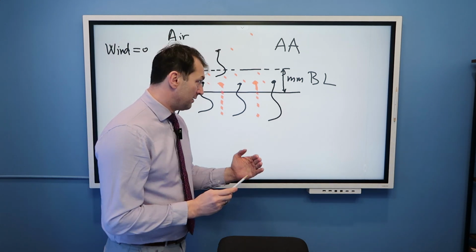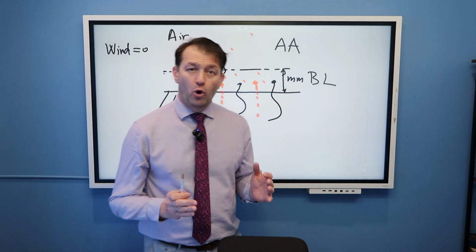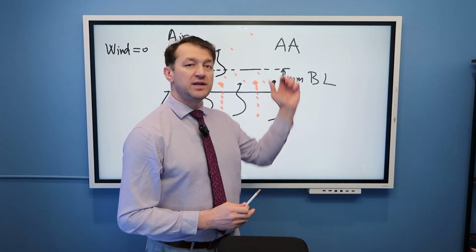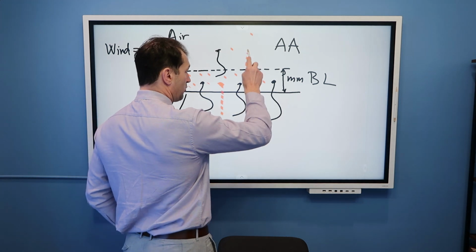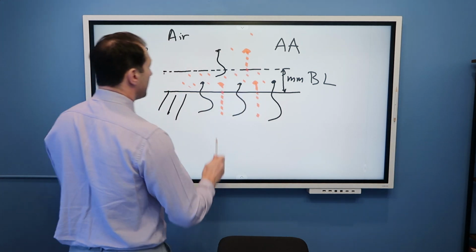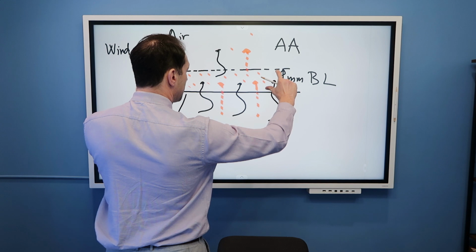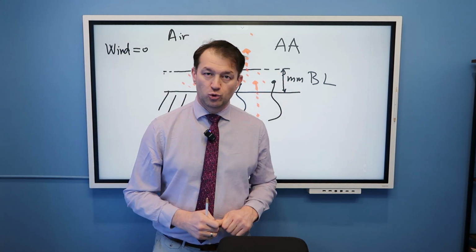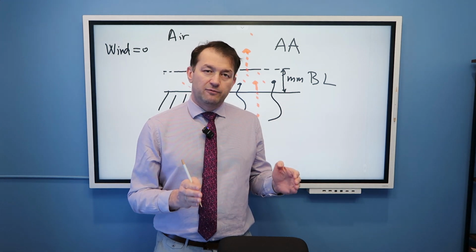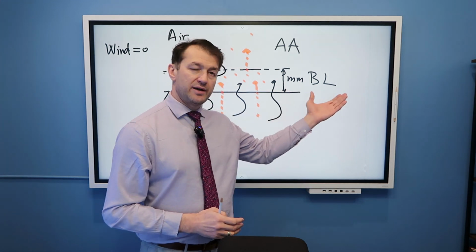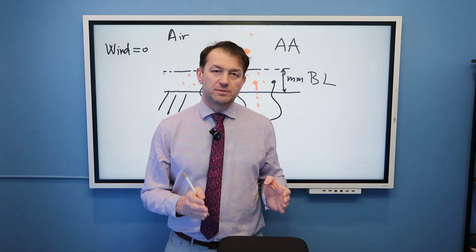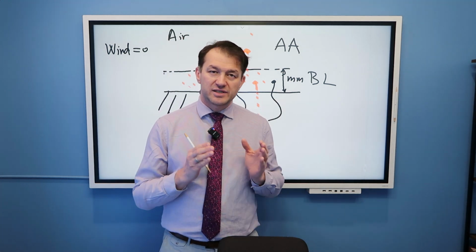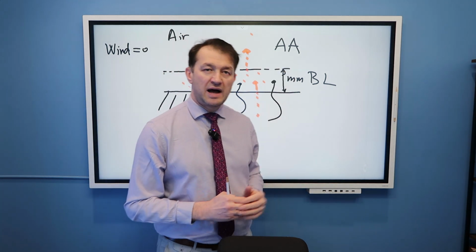But once again, air is very poor at diffusing water vapor from the boundary layer to the ambient atmosphere, so it happens very slowly, and therefore most of the water vapor stays here, thereby decreasing the rate of evaporative cooling. That is therefore the second role of the boundary layer. And in both of these roles, the boundary layer serves as an insulator between our skin and the very cold ambient atmosphere.